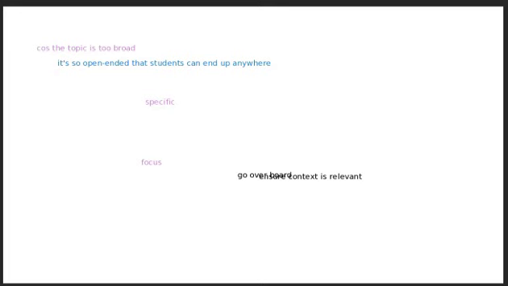So you have to be very selective and narrow the topic down suitably so that you don't go everywhere. As someone is saying, you can end up anywhere because it's open-ended. Someone else has said you can go overboard and you might even go outside the relevant context.